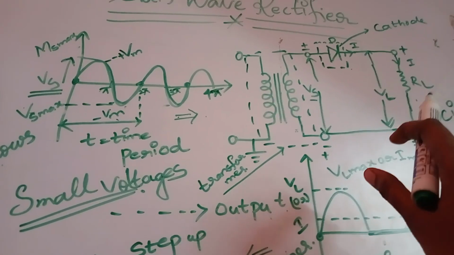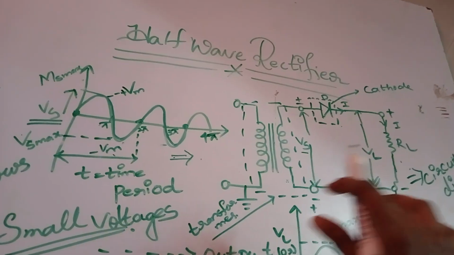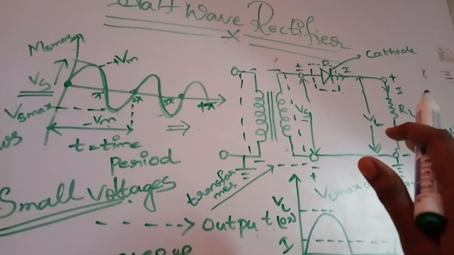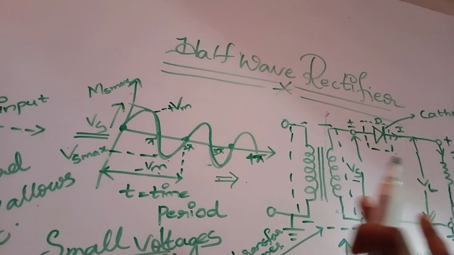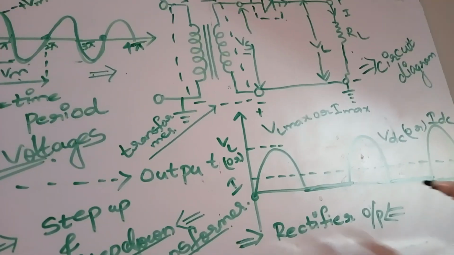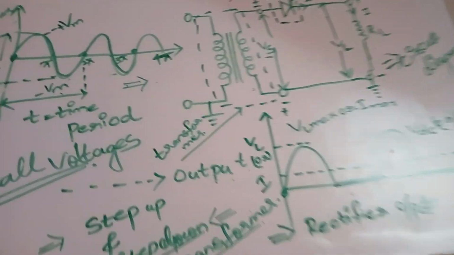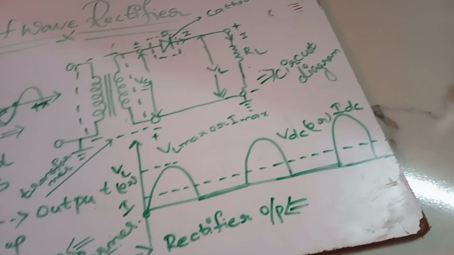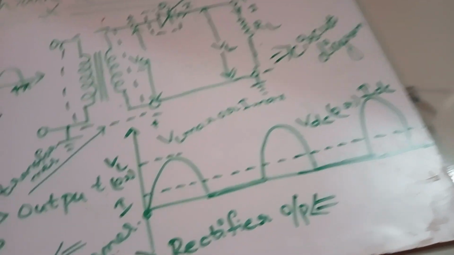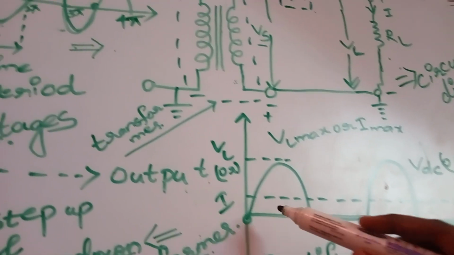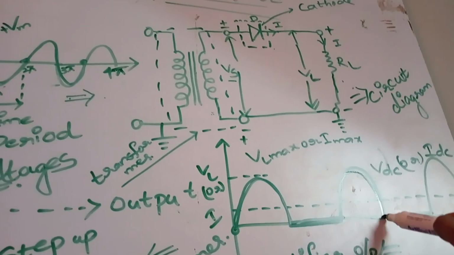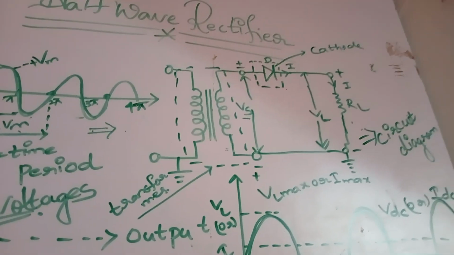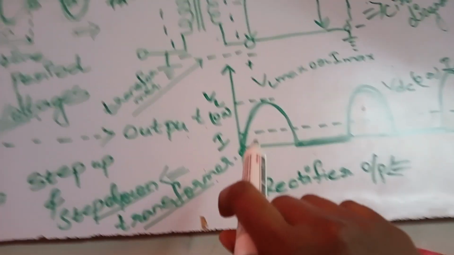During the negative half cycle, the diode will not allow any current. So based on that characteristic of the diode, we give the input AC, and the output is not pure DC. It is a pulsating DC. So you can see the pulses.